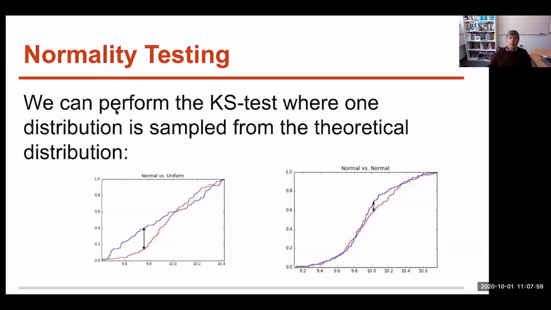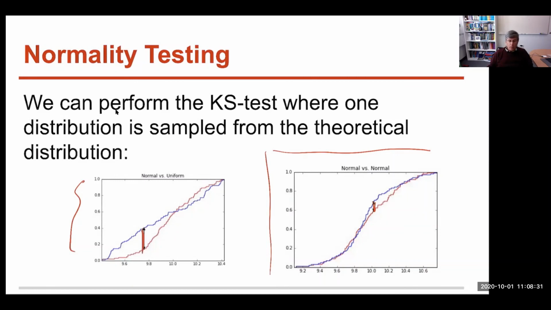Here's an example of what happens. I believe this is where I took two samples of a particular normal distribution and plotted their cumulative distributions. And lo and behold, the biggest gap isn't that big. When I did the same thing where one of the samples was normal and one was uniform, there was a place with a big gap.